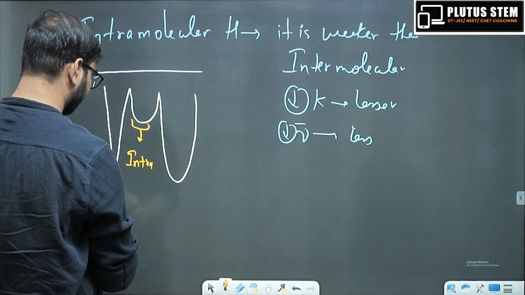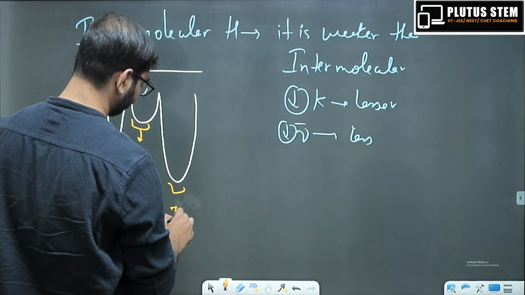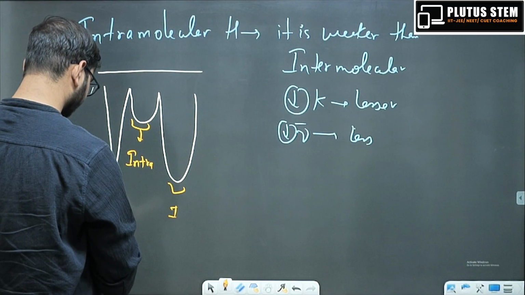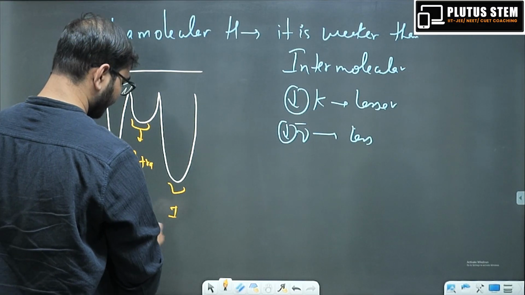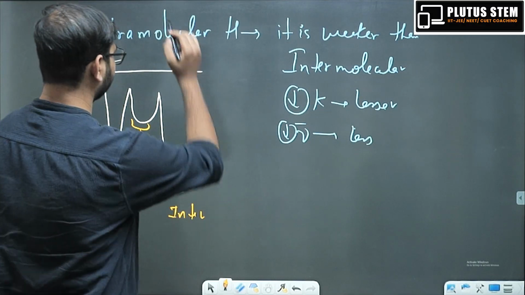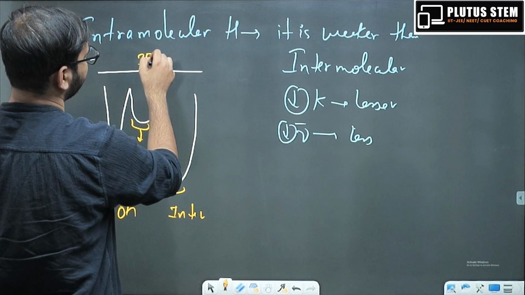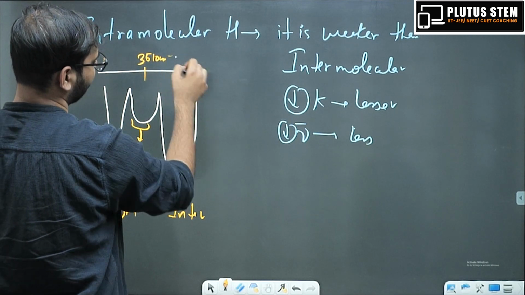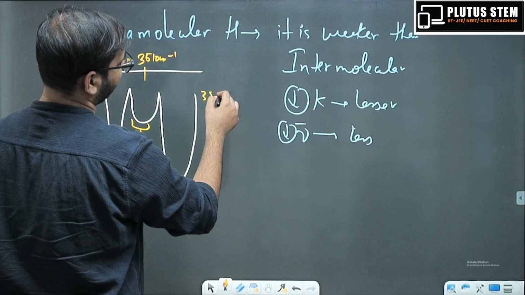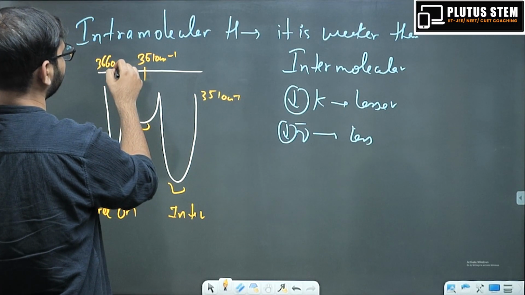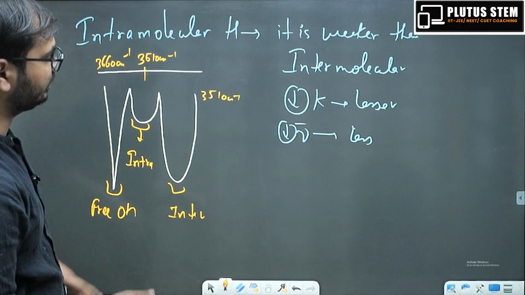This refers to inter. Sorry, this refers to the free OH group, and this refers to inter. It appears at a wave number of about 3610 centimeter inverse. This is at 3510 centimeter inverse, and this is at around 3600 centimeter inverse.